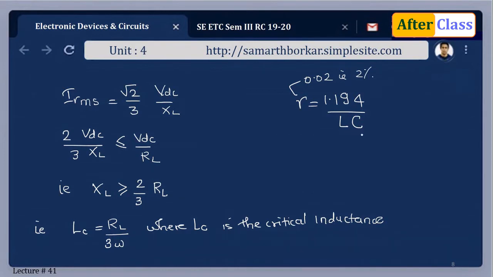We have to assume either the value of C and calculate the value of L, or the best way is, we know the critical value of inductance, we know the load RL, omega is 2 pi F. From this equation we have to calculate the value of LC.